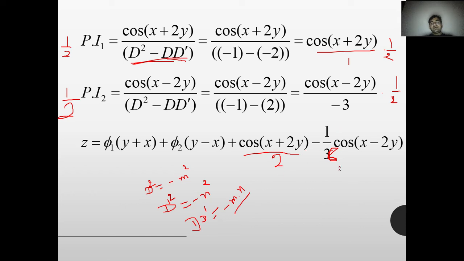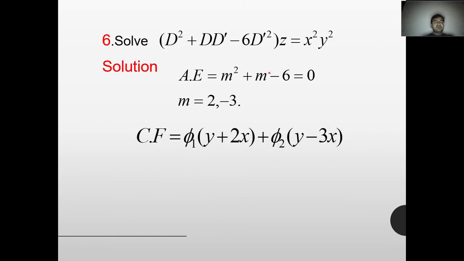Next, solve d square plus d d dash minus 6 d dash square into z is equal to x square into y square. Case number 3, to find particular integral. Auxiliary equation m square plus m minus 6 is equal to 0. Solve the auxiliary equation.